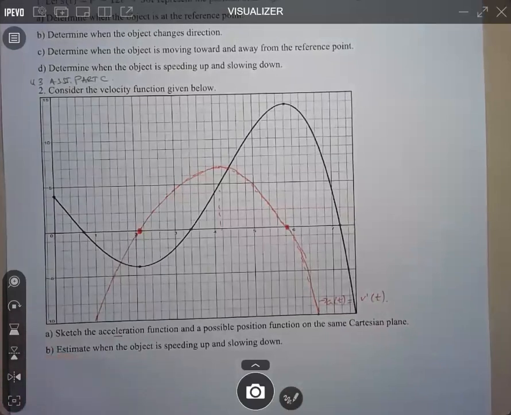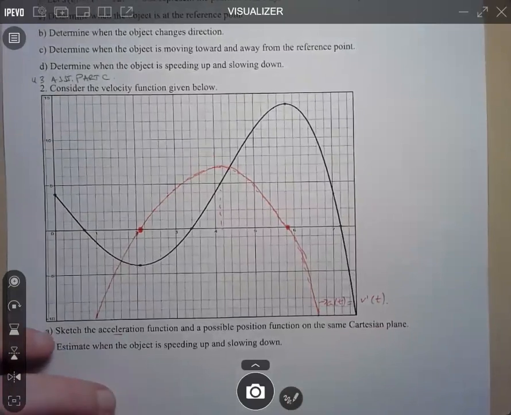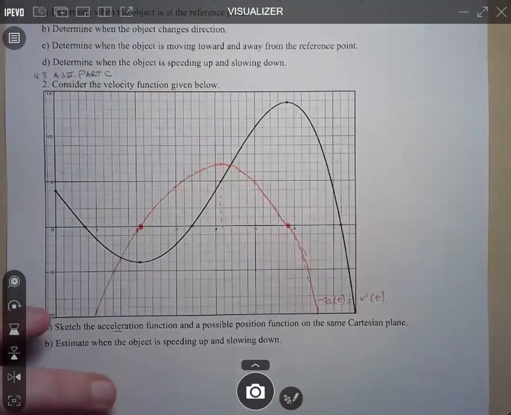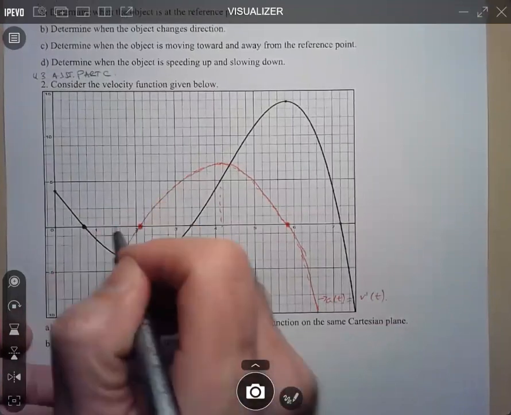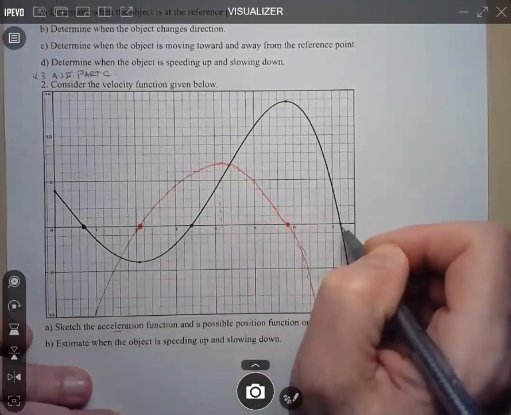Now let's go to the more interesting one, which is drawing the position function, or a version of the position function, because there are many. Here, again, I'm going to focus on where the derivative is 0.